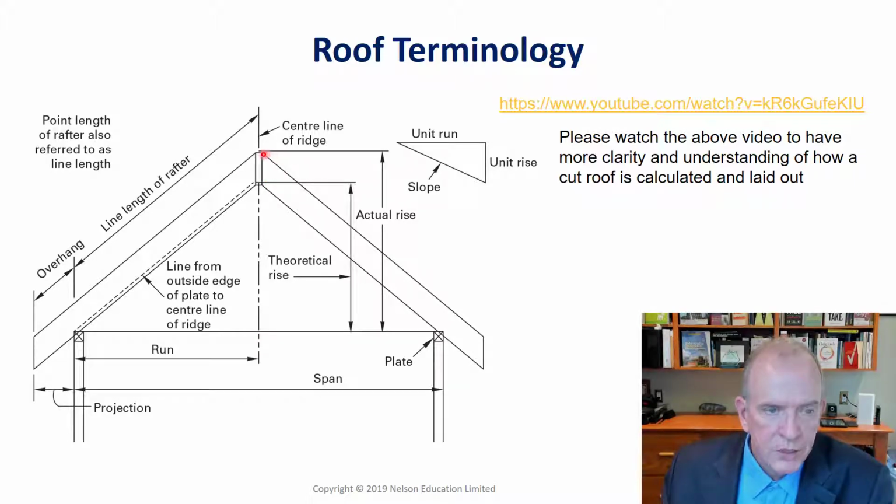Actual rise is how much the actual rafters come above that horizontal line from the top of your walls. So actual rise factors in the width of the material you're using for your rafters. You could be using 2x4s, 2x6s, 2x8s, 2x10s, 2x12s, depending on the span, depending on the insulation requirements.